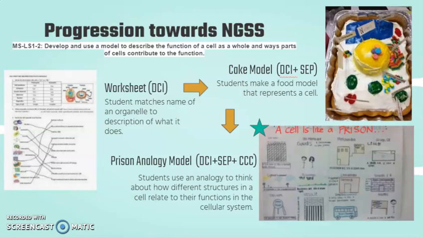But because NGSS is 3-dimensional, we have to move down to the bottom where we see the content around cells and the organelles that make them function as a larger system, the science and engineering practice of modeling, and also the cross-cutting concept of structure and function. So this teacher used a prison analogy model to bring those 3 elements of 3-dimensional instruction together into assessing if a student is able to show how different structures in the cell relate to functions in the cellular system.